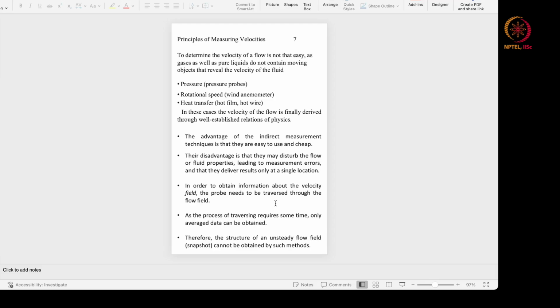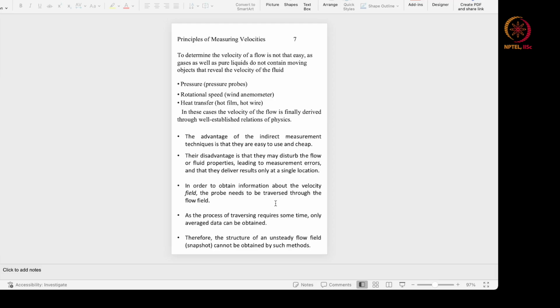But in general, the indirect measurement techniques are easy to use and cheap to begin with. But their main disadvantage is that because these are probes which are physically inserted into the flow field, they disturb the very flow that they are trying to measure. This leads to measurement errors.